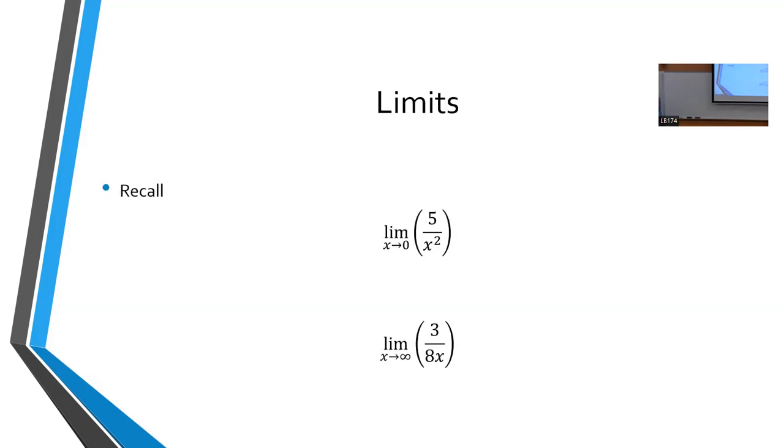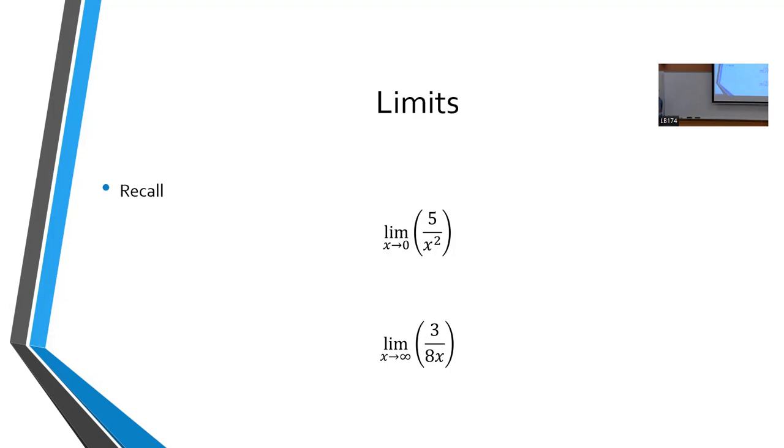Obviously, these first two limits that we looked at are not indeterminate forms. Those are just standard. If I plugged in the top, I got 5 over 0. If I plugged in the bottom, I get 3 over infinity. Those are not indeterminate, because I know if the numerator stays the same and the denominator gets really, really big, then the whole fraction is going to 0.